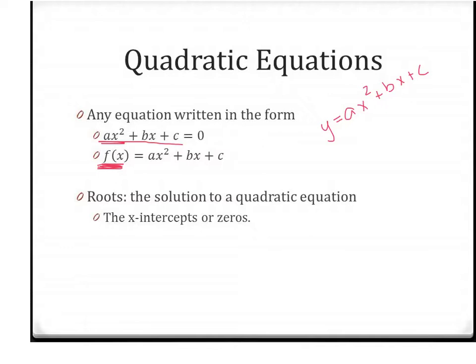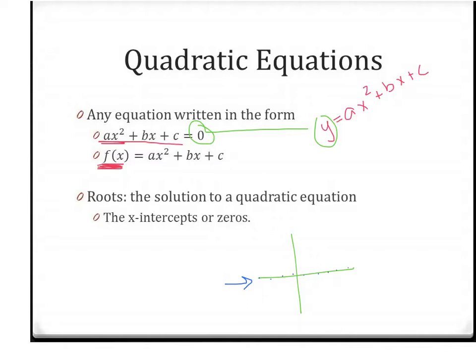The reason that we're setting it equal to 0 and graphing it is, if I'm making y become 0, where on a graph does y equal 0? On the x-axis. All of these points on the x-axis have a y of 0.